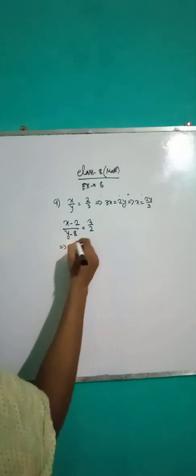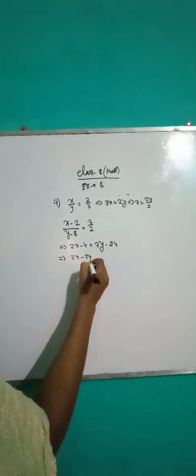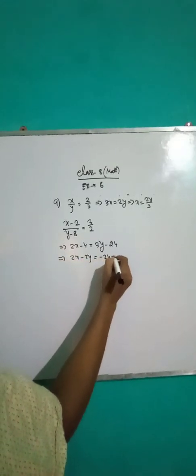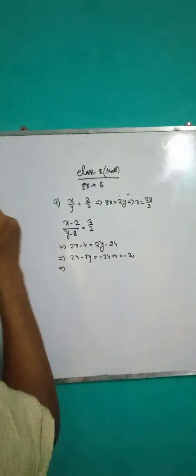Here you can do the cross multiplication. 2x minus 4, 3y minus 24. So 2x minus 3y is minus 24 plus 4, that is minus 20. Put the value of x here.